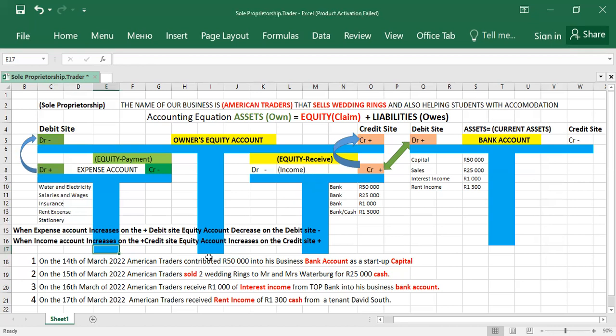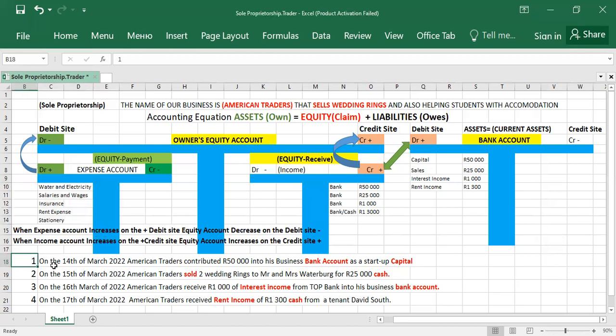For now, the questions that we are about to read are all related to the income that is coming into the American business. This video is only concentrating on the income account, the money that is coming into our business. The second video will be based on the expense account, and the money that will be coming out from our business. Thank you. Now, let us go and read the first question.